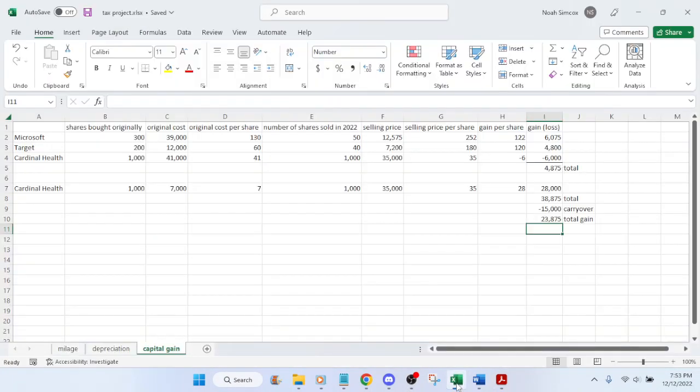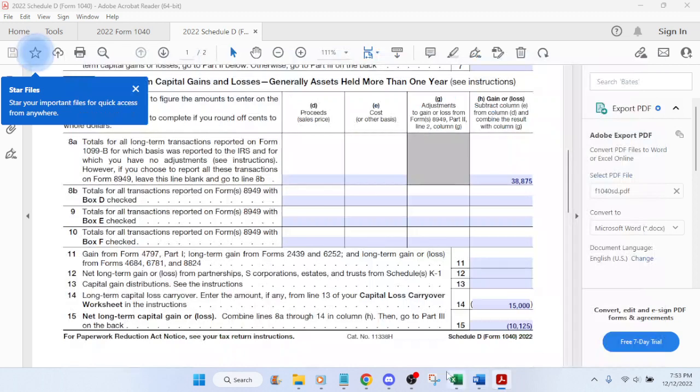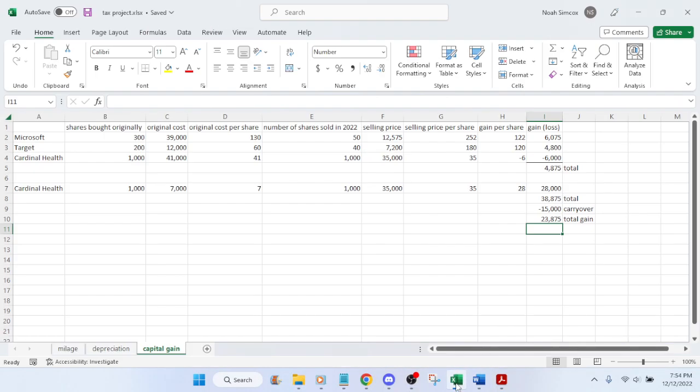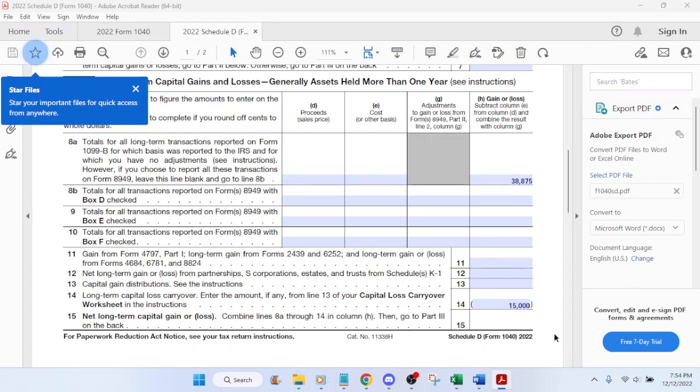We already got that amount. We already did that. We got 23,875. We actually delete this whole thing and end up with a gain of 23,875. Well, at least I got one right answer.